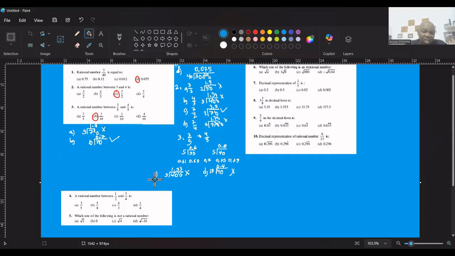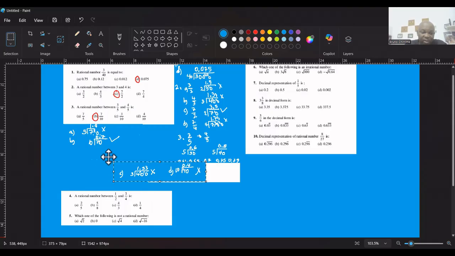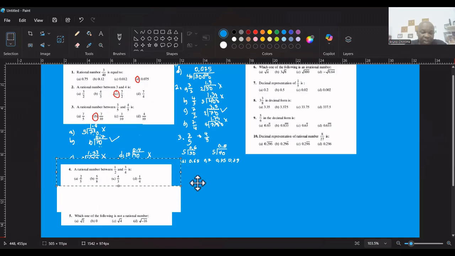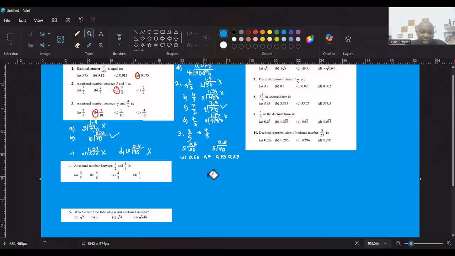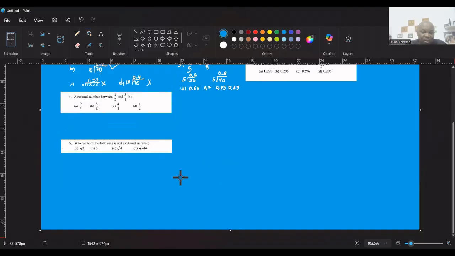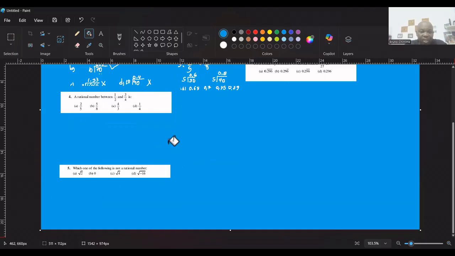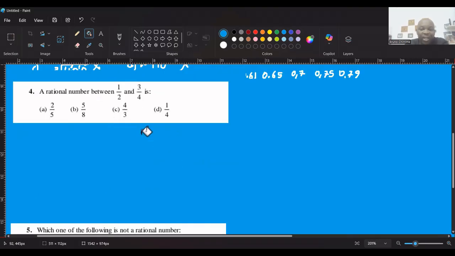Oh, but I could move C, put it below B. I could move C and put it here. That still works for me. Good. And that allows me actually to move 4 up here, kind of isolate it here, avoiding the mix-up. All right, so it gives me space to also drag 5 down here. Boom.